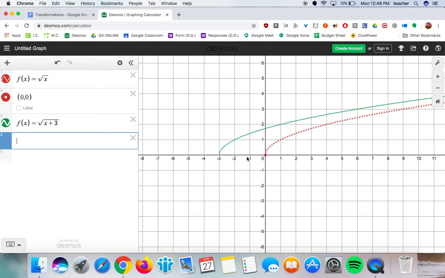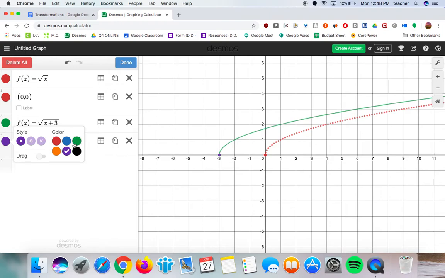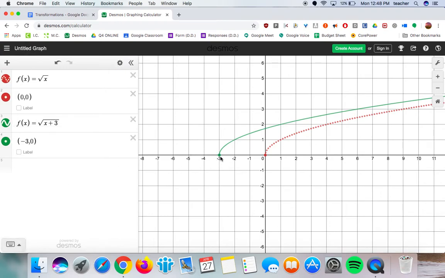We're not starting at 0, 0 anymore. Now we're starting at -3, 0. So this actually changes the starting point for our graph as well, right? So we can shift to the left from a positive, and we can also shift to the right from a negative, okay?